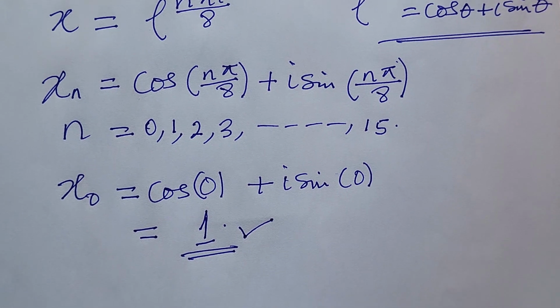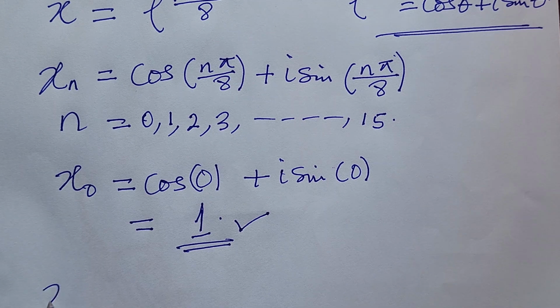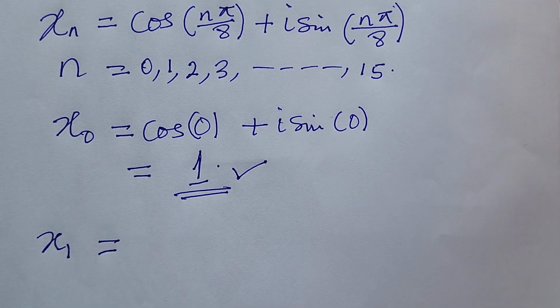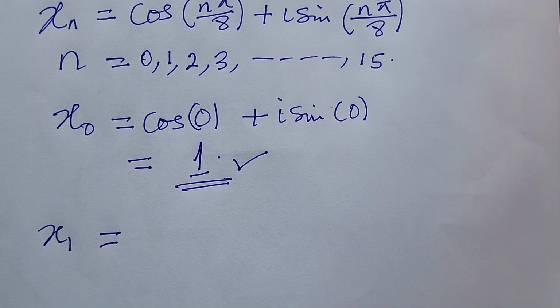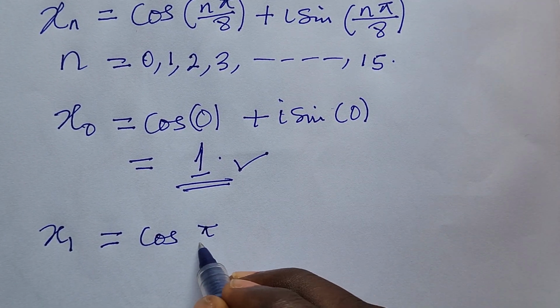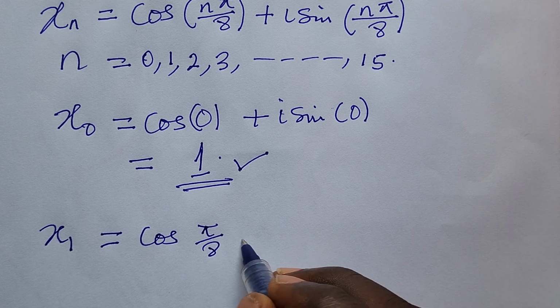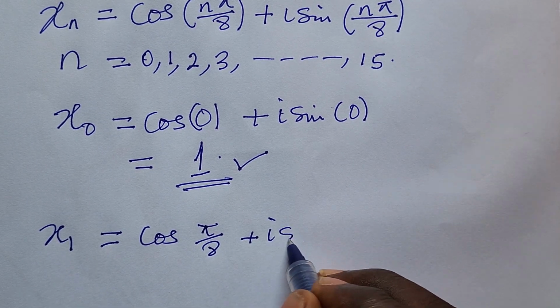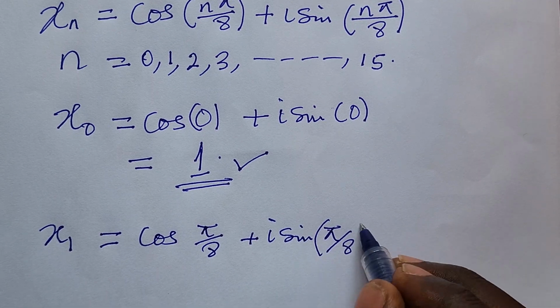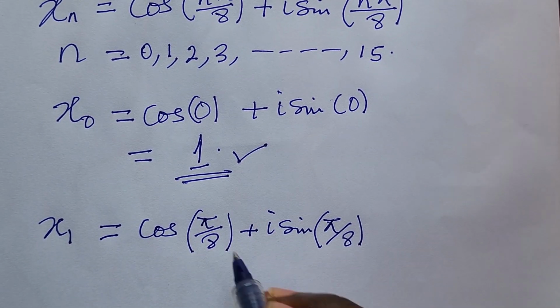So let's go ahead and solve for x1. We have x subscript 1 equal to cos(pi/8) plus i sin(pi/8). Let's put this in brackets so that we don't get confused.